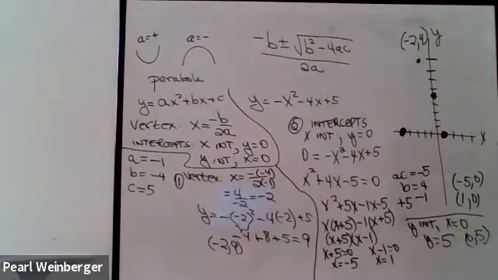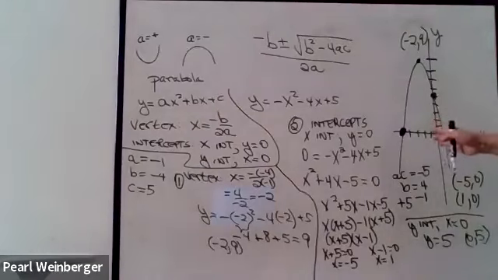On the x-axis, the y is 0. On the y-axis, the x is 0. And now I can very easily draw my parabola like that. If for some reason you would want more numbers on your parabola, you could pick any of these numbers between -5 and 1.